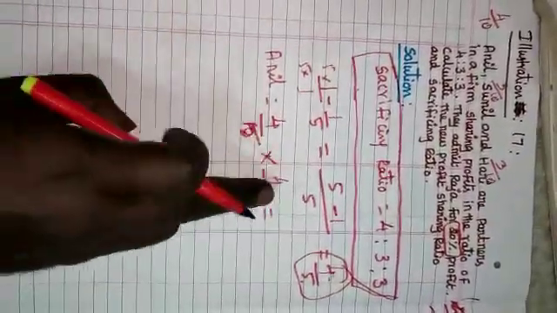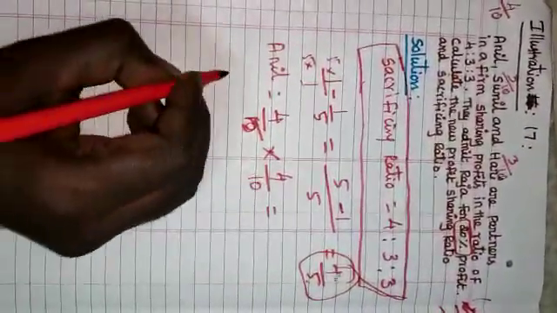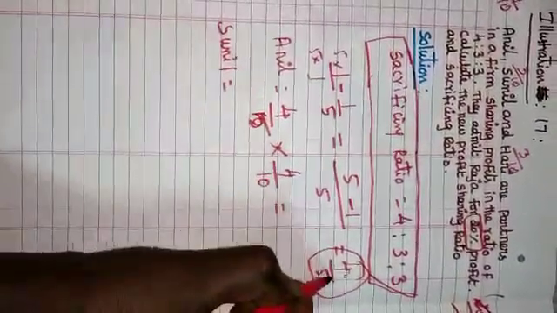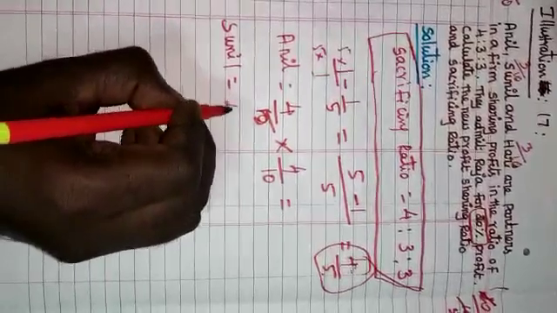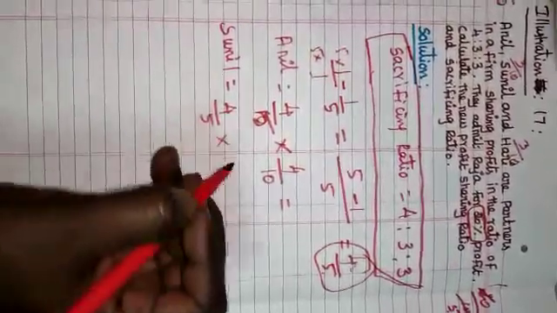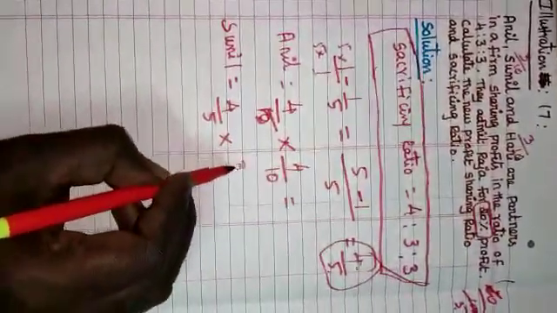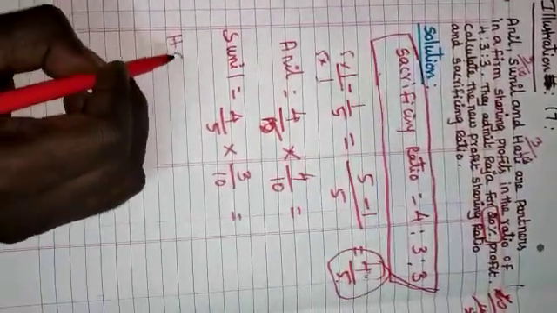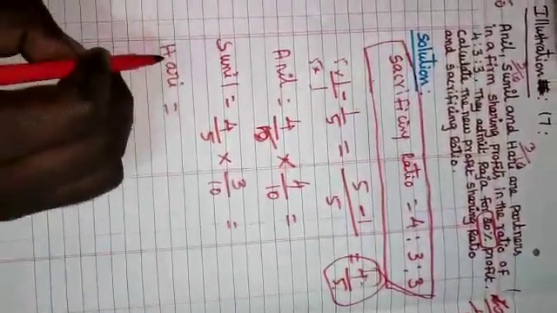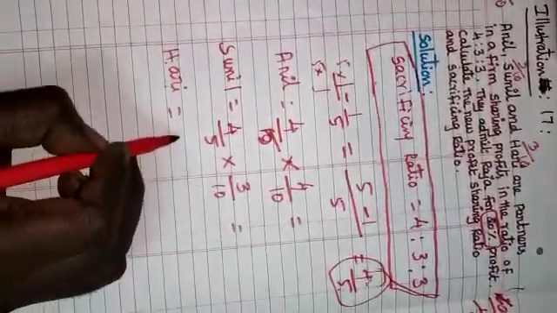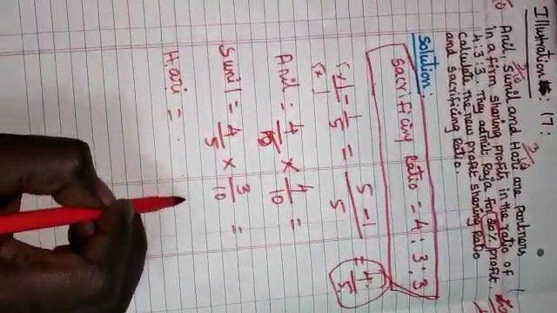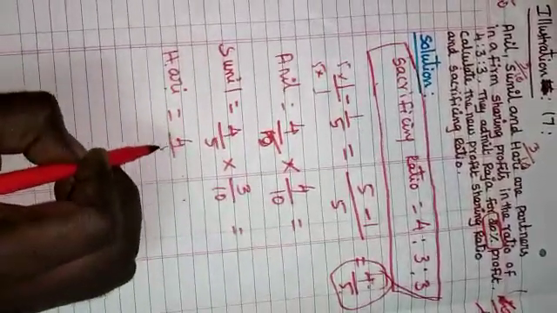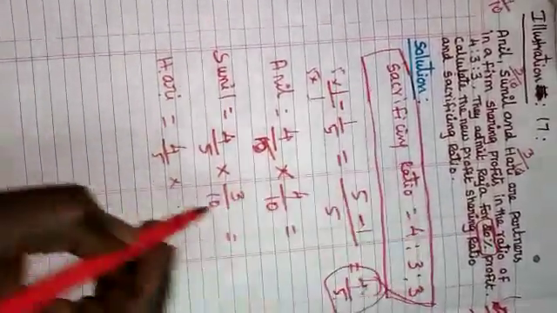What is his contribution in this part? The same way for Sunil: new share into old share. Then Hari: new profit sharing ratio is equal to remaining share into old share. So 4 by 5 into 3 by 10.